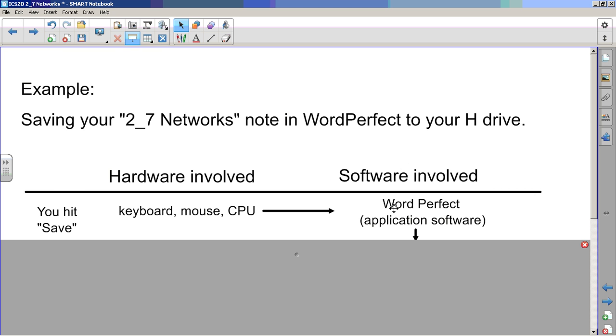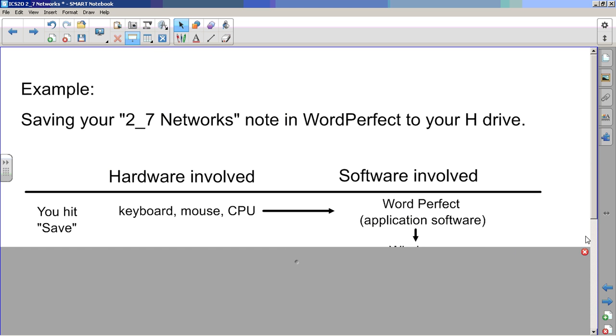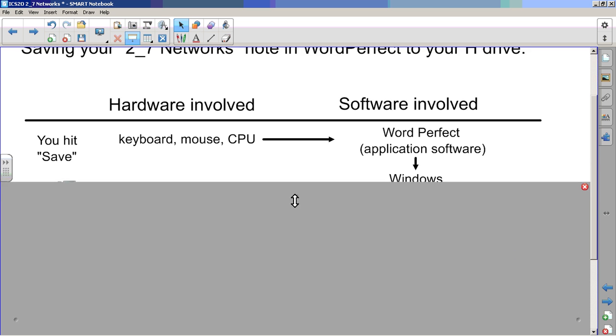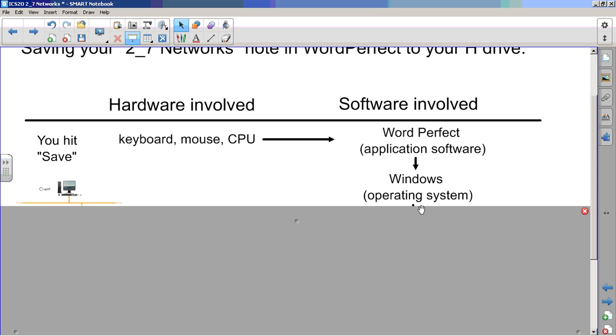In WordPerfect, you can see your note, and we talked earlier in the week that WordPerfect is an example of application software. And then what happens is when you hit save, WordPerfect starts to talk with Windows, our operating system.